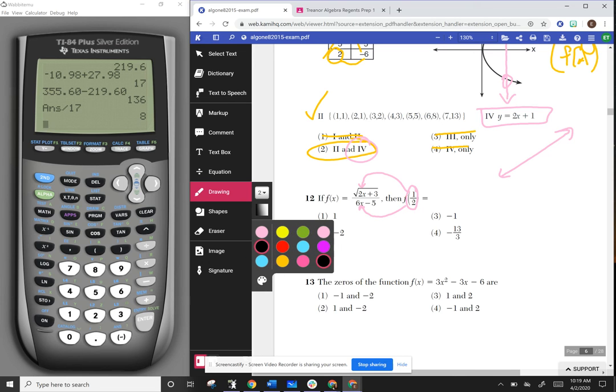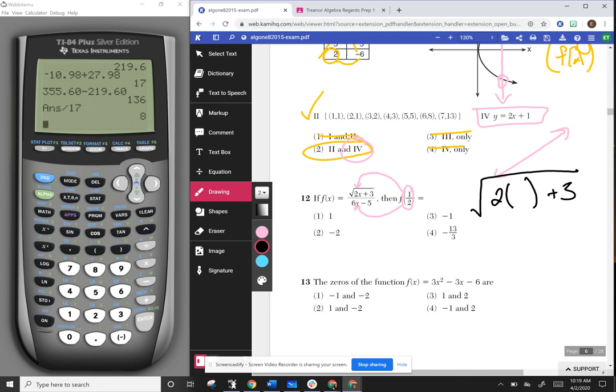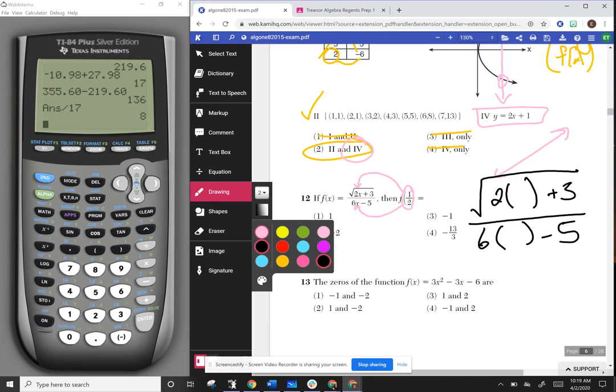So it will be helpful to write this out first, but this is another one that can be a calculator question. So you would have the square root of 2 times x plus 3 divided by 6 times x minus 5. And in those parentheses, that's where your 1/2 will go.